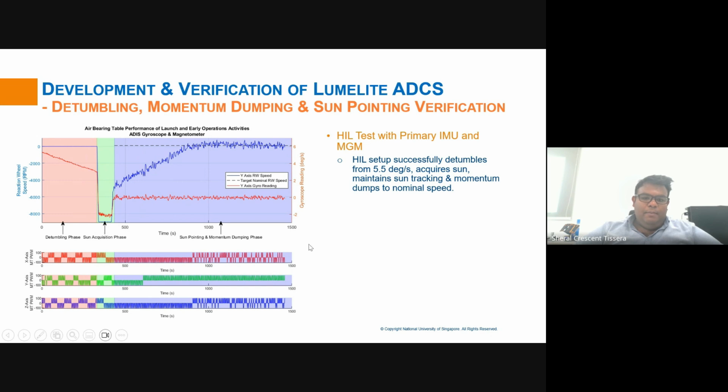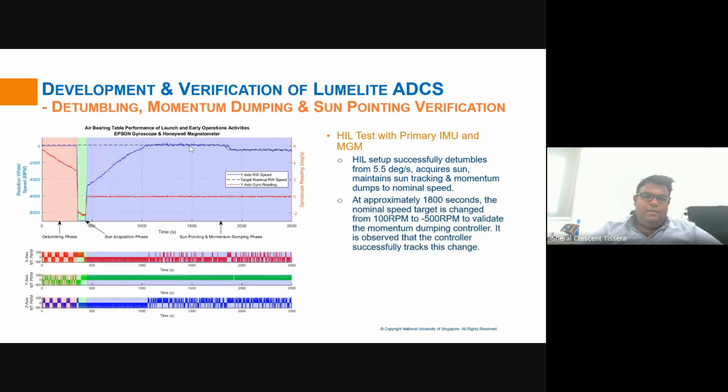Thereafter, the momentum damping phase will kick in, where the body rate of the satellite shown in red color will be maintained at 0 degree per second, while the reaction wheel momentum gradually reduces back to 0 rpm. So this experiment was done using our IMU-A, which has a lower accuracy, and the same experiment was carried out again using a higher accuracy gyroscope.